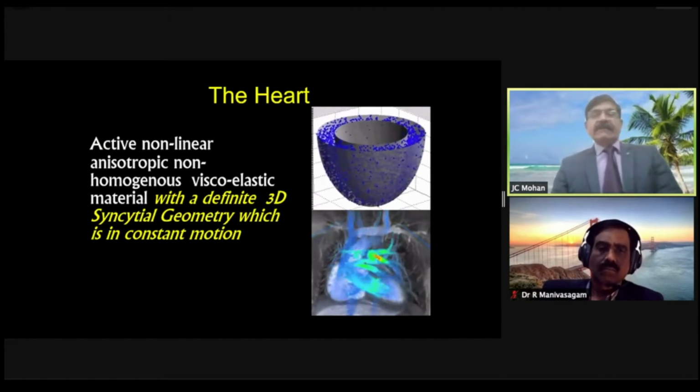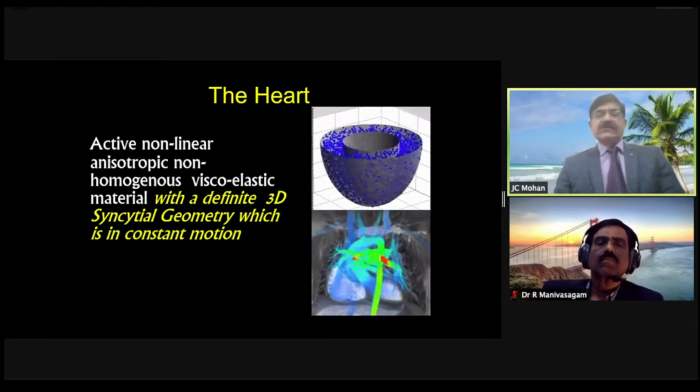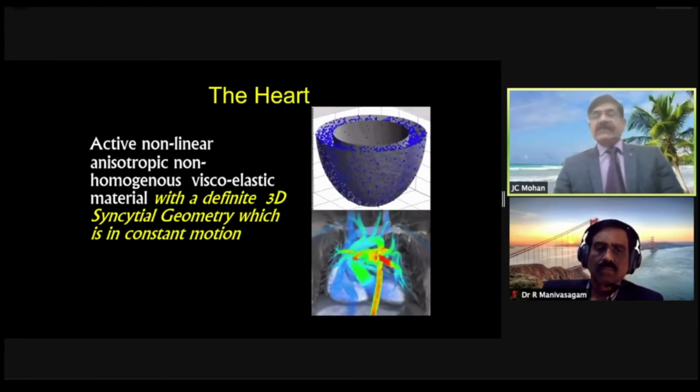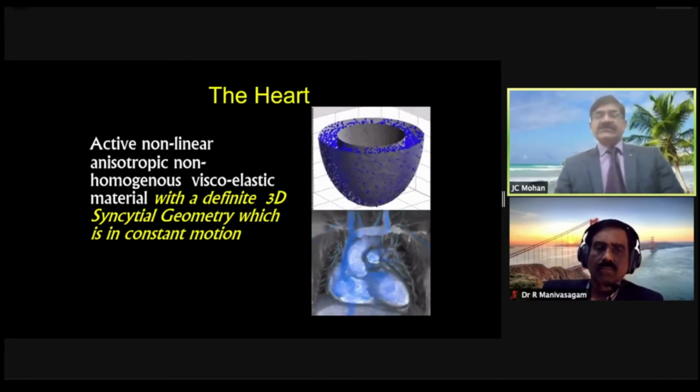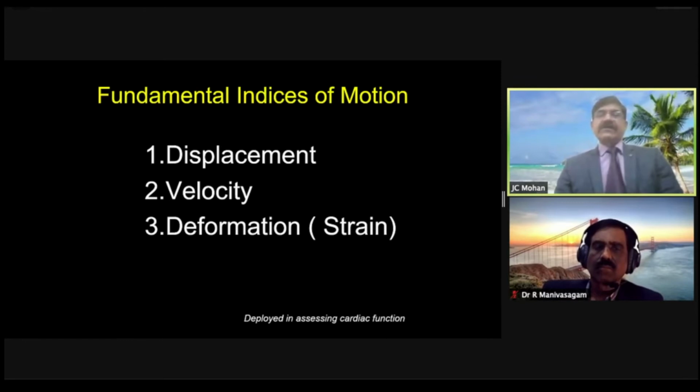The heart is an active, non-linear, anisotropic, non-homogeneous, viscoelastic material with a definite 3D syncytial geometry, which is in constant motion. And motion is life. We were measuring the cavity, which is kinematically linked to the myocardium, and now we have moved to measuring the parameters of the myocardium.